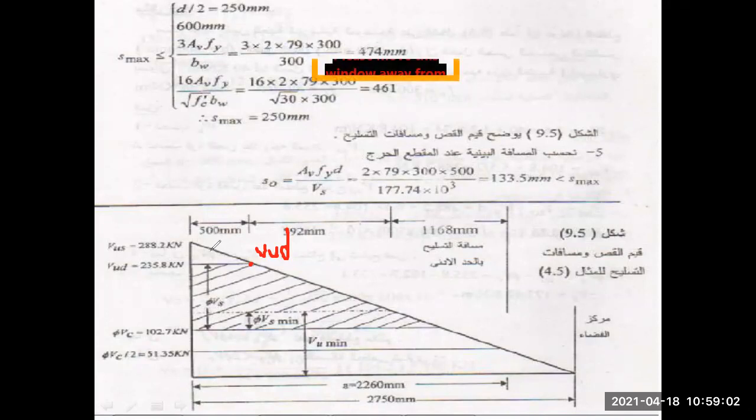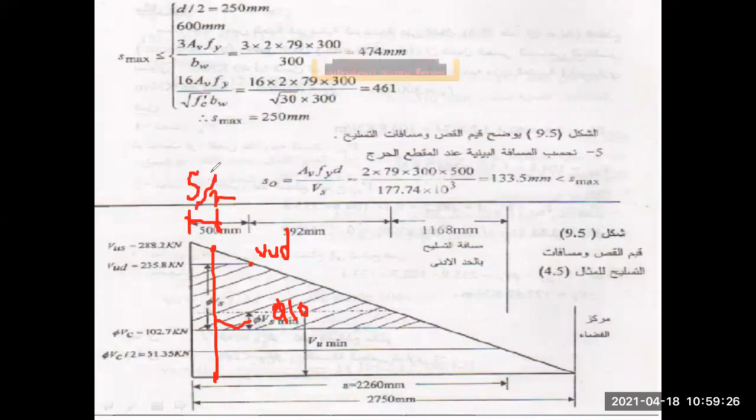We always place a single stirrup at a distance. Assume that this is the stirrup, the shear reinforcement. We place it from the face of the column at a distance equal to S over 2.